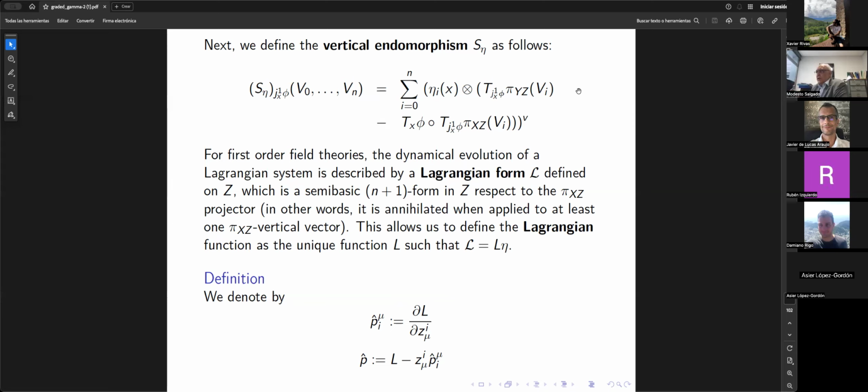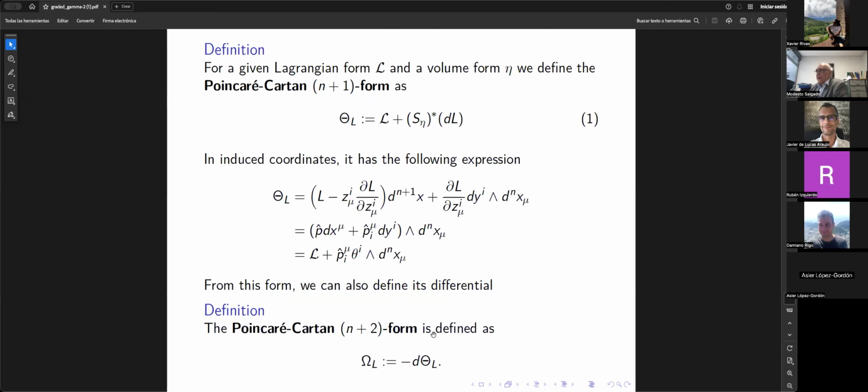We use these notations, which are just the notations for the generalized momenta, this p hat^mu_i is the momenta corresponding to the zeta^i_mu, and this p hat is the energy. So this will be the Hamiltonian at the end.